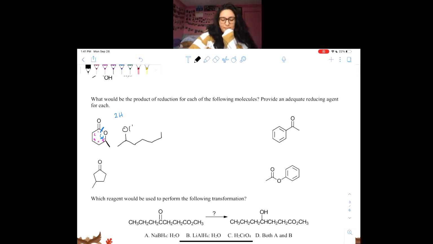And we know that's going to get protonated. And then we have our oxygen that was part of the carbonyl. That gets protonated. And we also have to add those 2 hydrogens from the reduction. We knew that we were adding 2 hydrogens because we always do at least 1 for a reduction, but since we had a leaving group, we're going to add 2. And this is what our final product should look like.